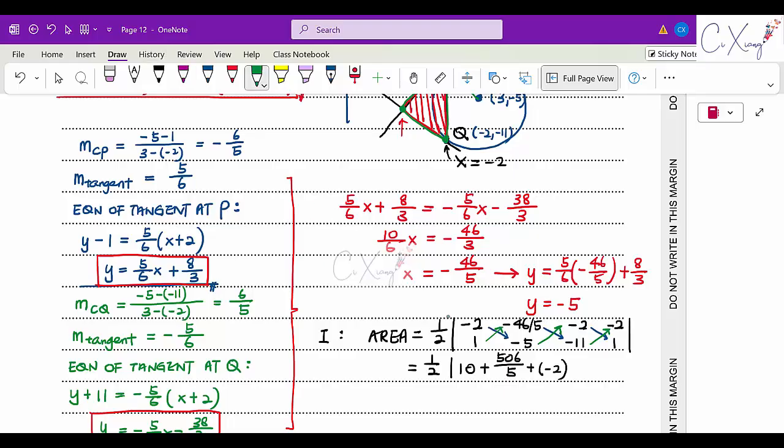So as an example, 1 multiplied with negative 46 over 5 is negative 46 over 5, right? So you have to take minus negative 46 over 5. Okay, then negative 5 multiplied with negative 2, you get a positive 10, but you have to minus the positive 10. Then negative 11 multiplied with negative 2, you have positive 22, but you have to minus 22 here.